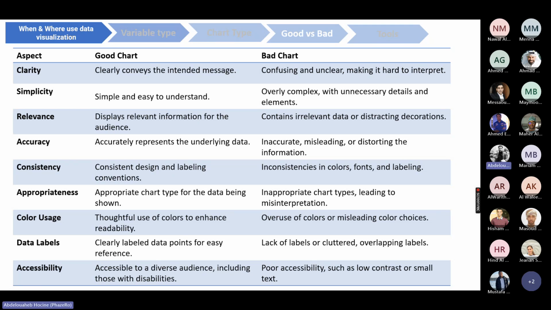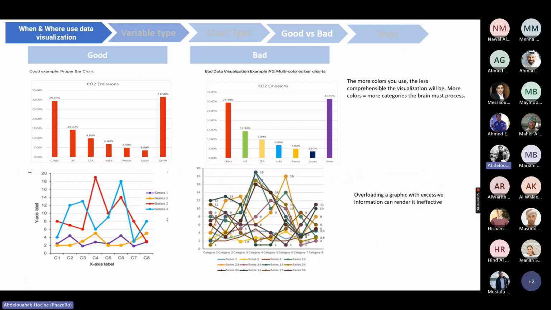Here I'm making some examples between good and bad. As we can see at the beginning, the CO2 emission per country. And here in the bad one, I make a lot of colors. If someone starts with the first one, they think that, okay, here we have different data types related to the country.